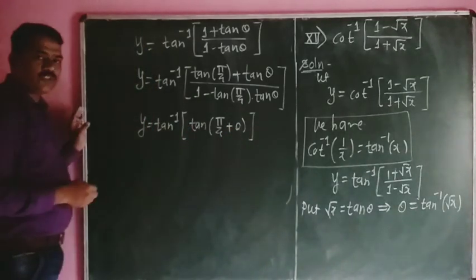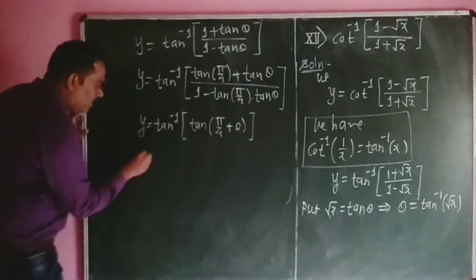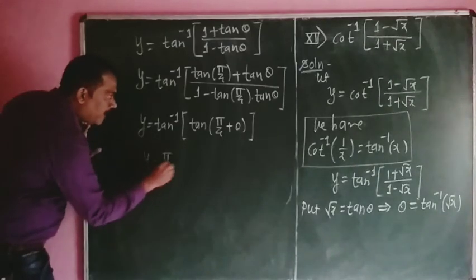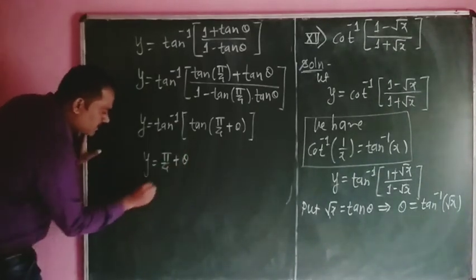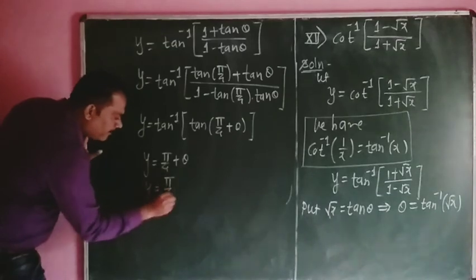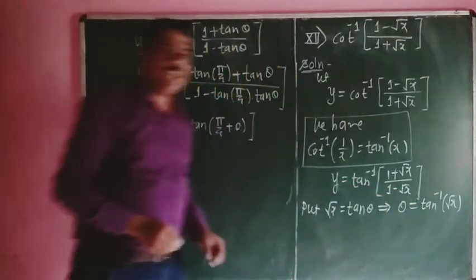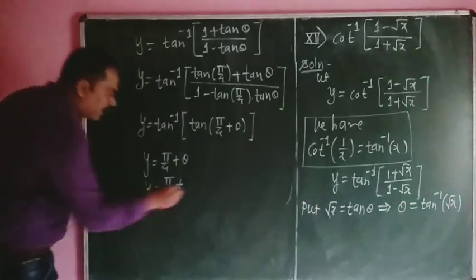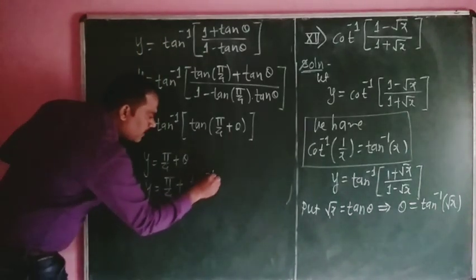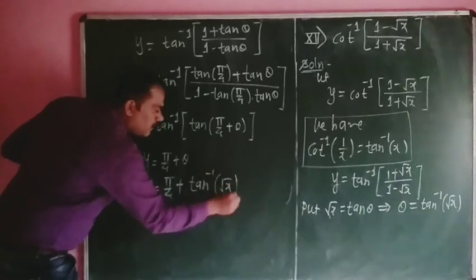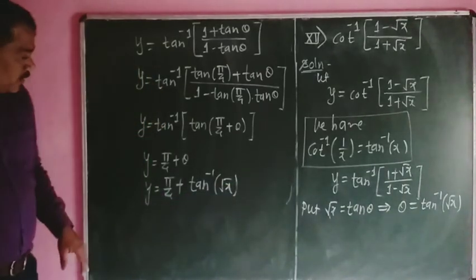By using tan inverse of tan x is equal to x, here we get y is equal to pi by 4 plus theta, that is y is equal to pi by 4 plus, what is the value of theta? Theta is nothing but tan inverse of root x. Now we have to differentiate this with respect to x.